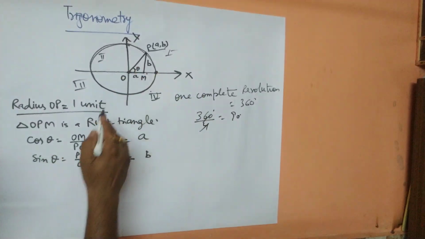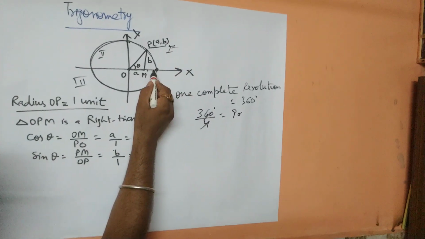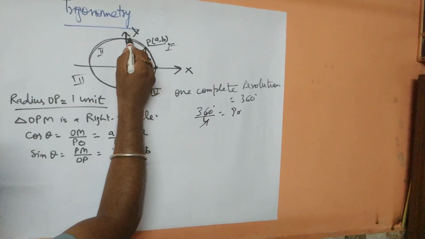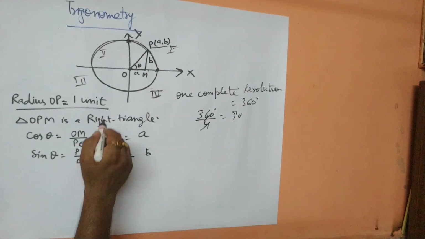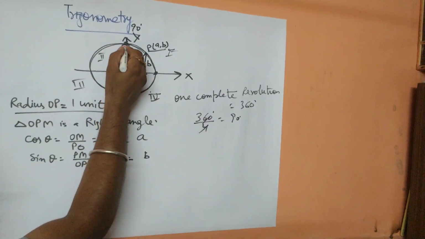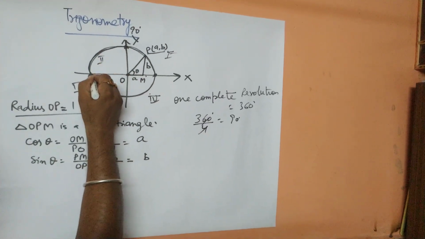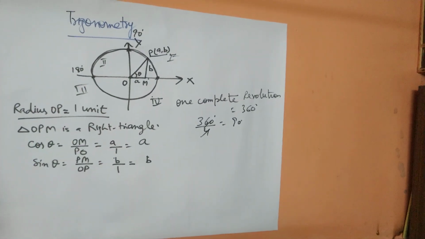Moving anticlockwise up to this point, this is the first quadrant, angle 90 degrees. From 90 degrees to 180 degrees, it is the second quadrant.